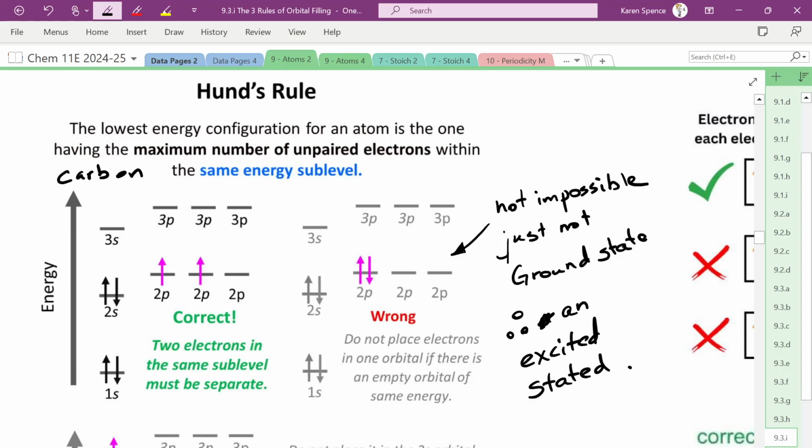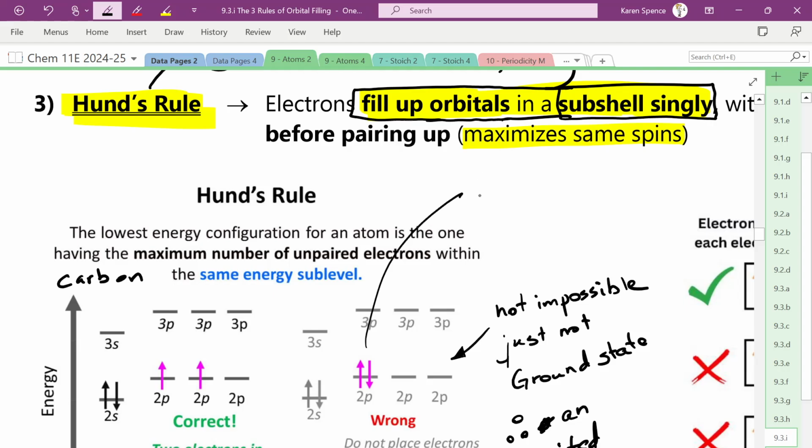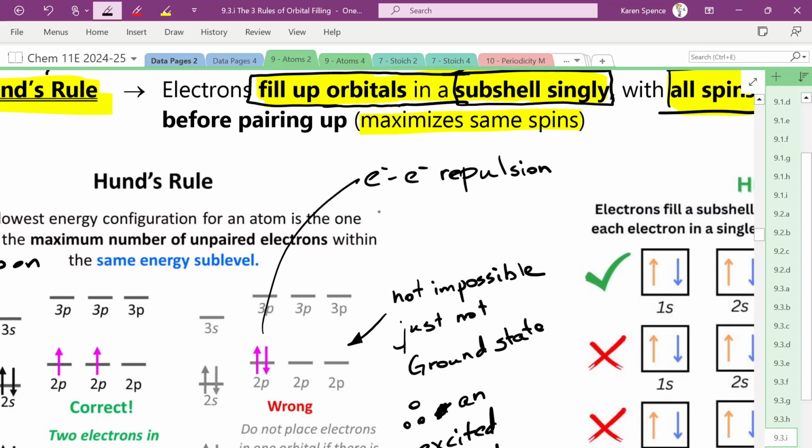Because those 2 electrons happen to be in the same orbital, they do repel each other a little bit more, so that is less stable than it being in a separate orbital, okay? Electron-electron repulsion in the same orbital makes it less stable.